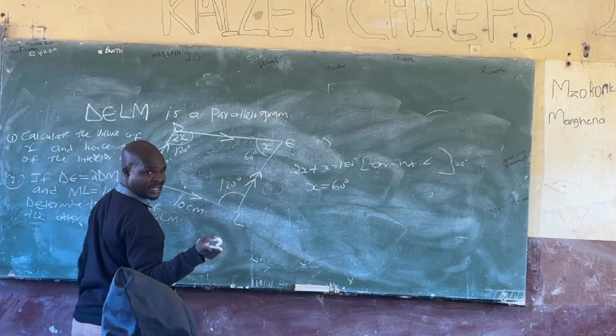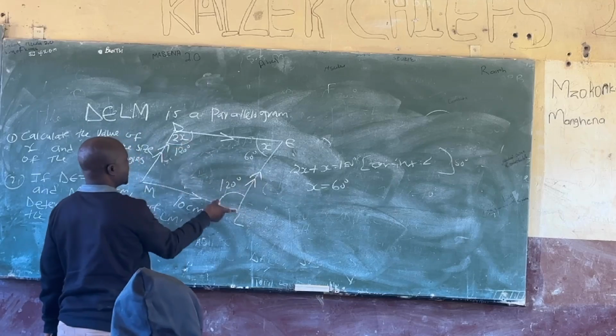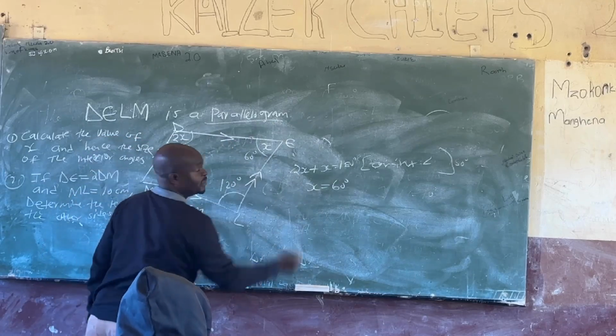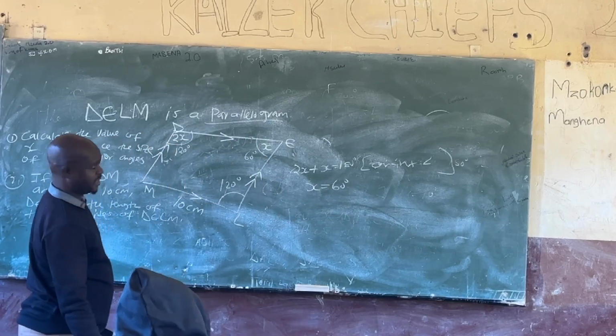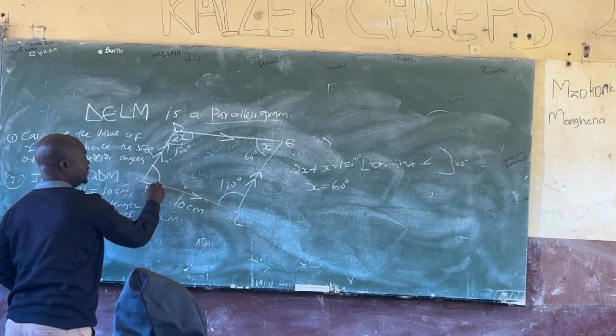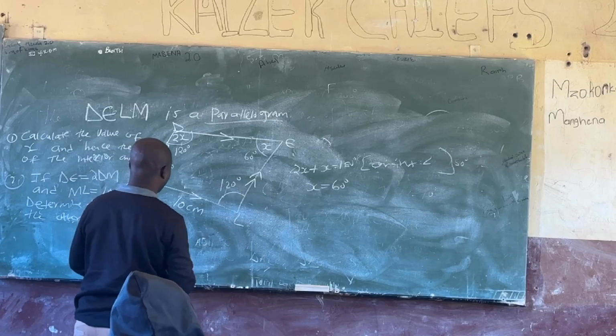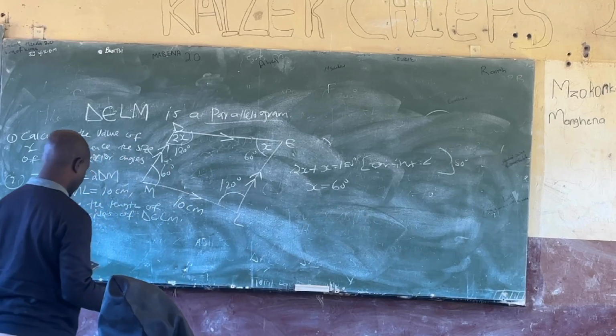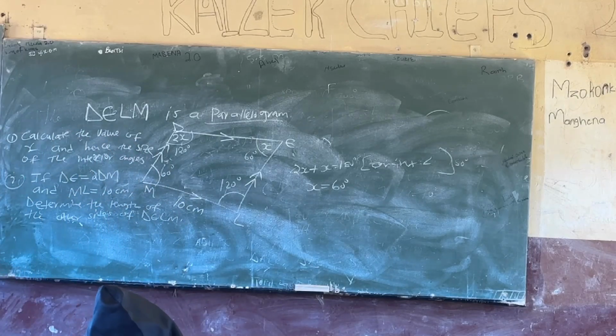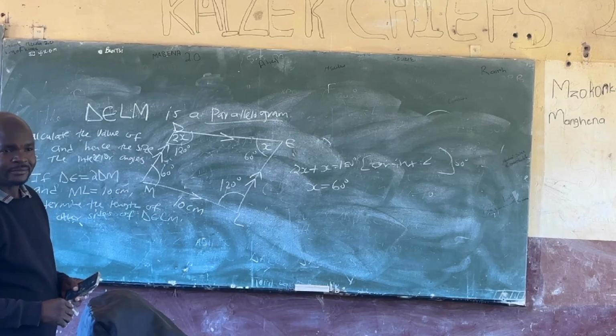With the reason, opposite angles of a parallelogram. So far, what is the size of angle L? 60 degrees. Opposite angles of a parallelogram. So far, then you are done with the first one.